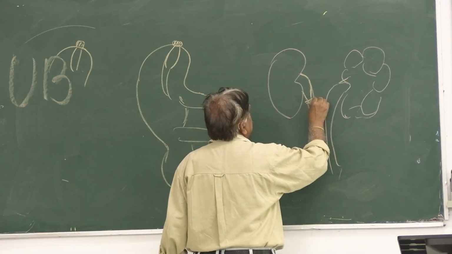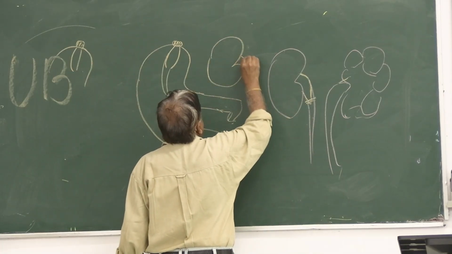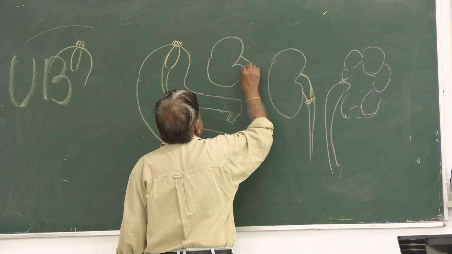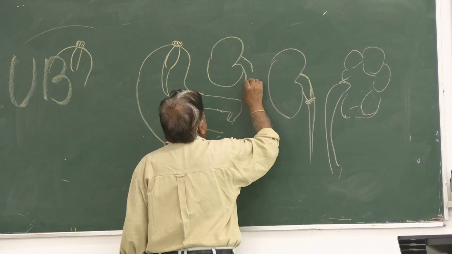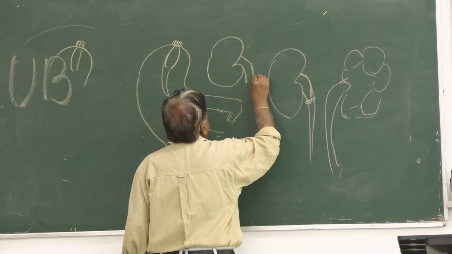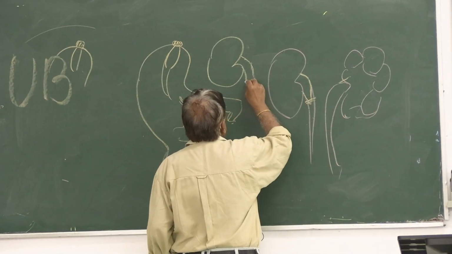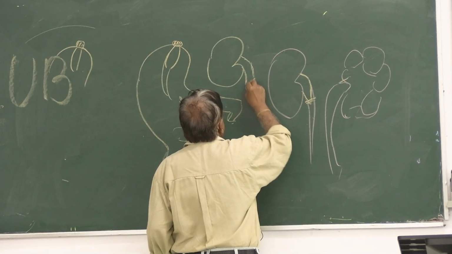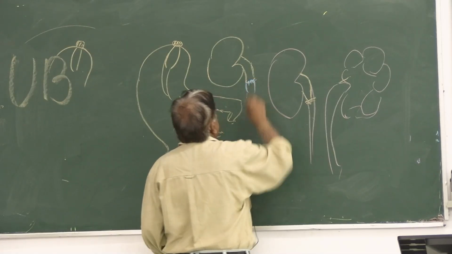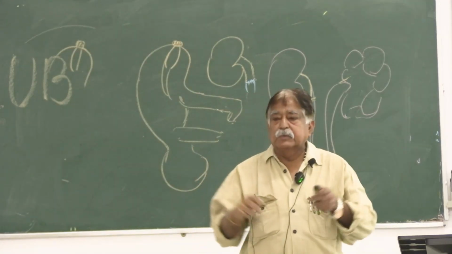It is cut off like this, and this is the position, and this constriction is released, and over here the lower end is anastomosed. This is cut and joined, cut and joined.